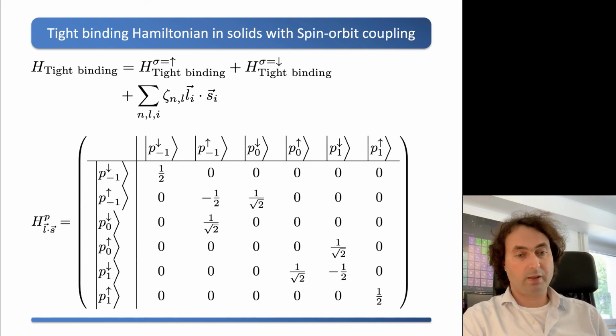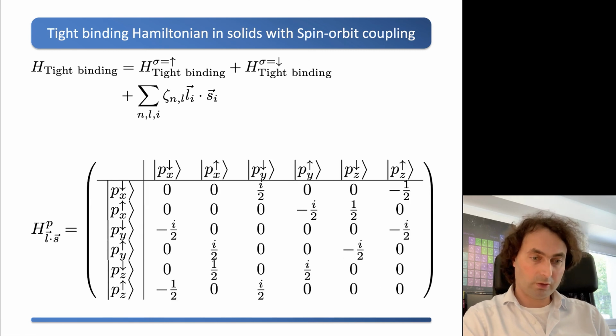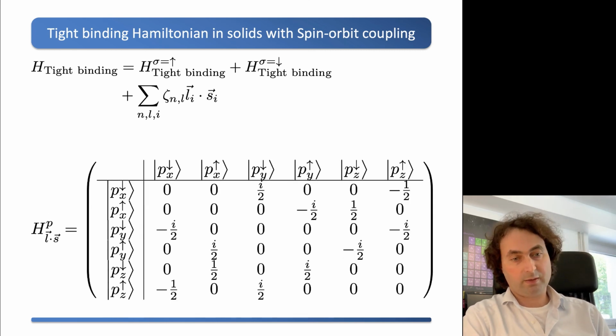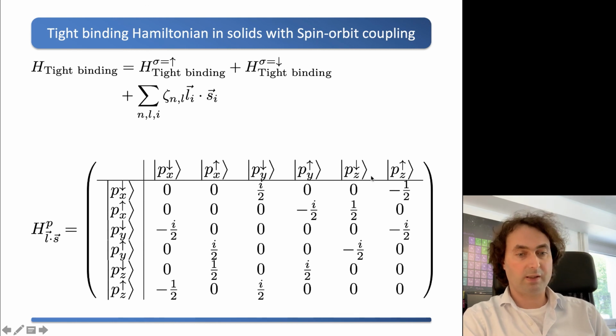So we can of course make a basis transformation where you linearly combine the Lz is -1 with the Lz is 1 state to a px and a py orbital. And if you make that combination then on the basis of the cubic harmonics, the px, the py and the pz, again with spin up and spin down, you have your spin-orbit coupling Hamiltonian.